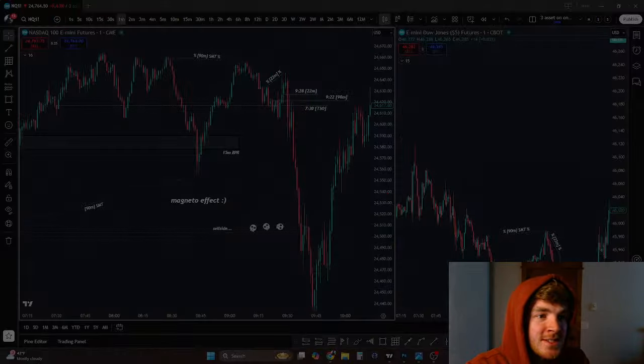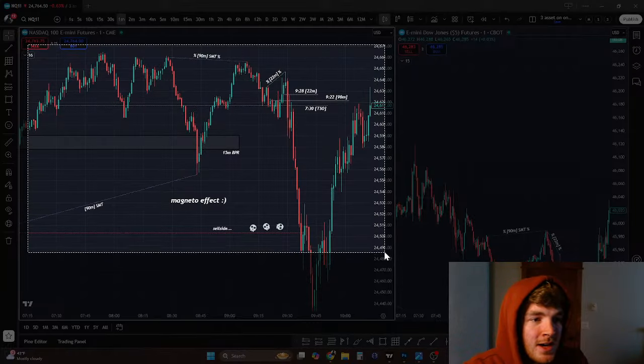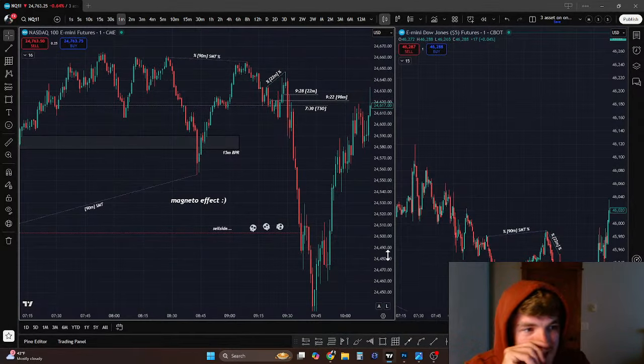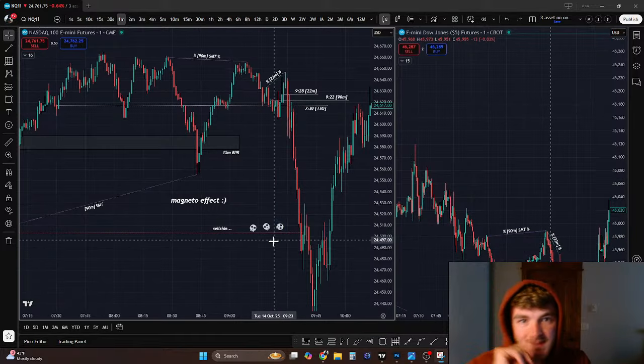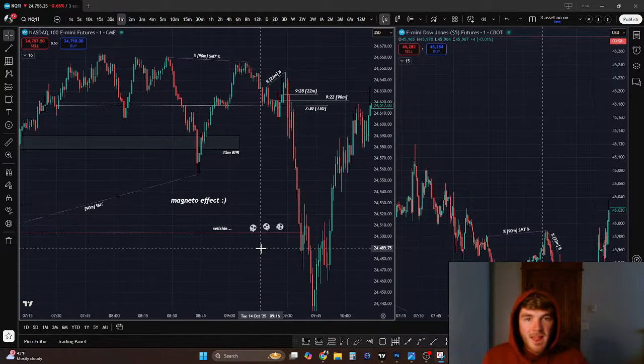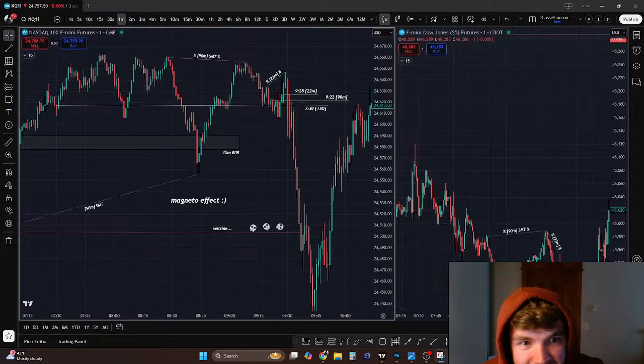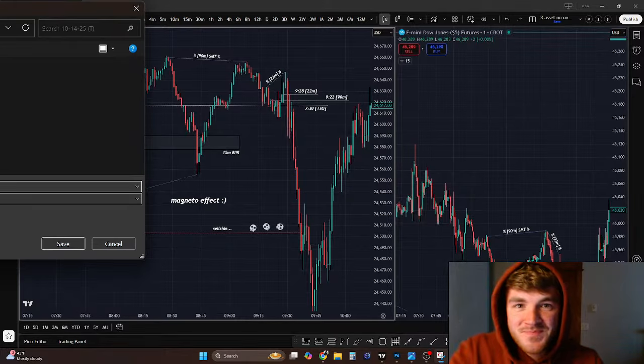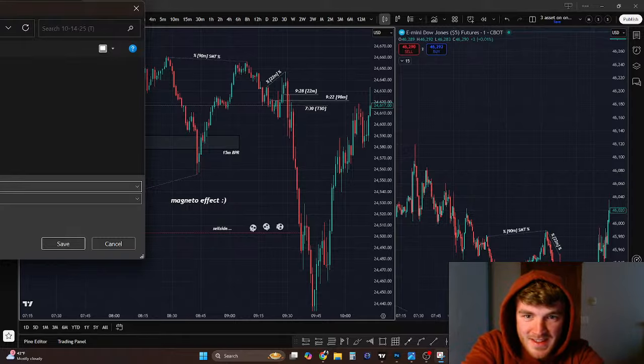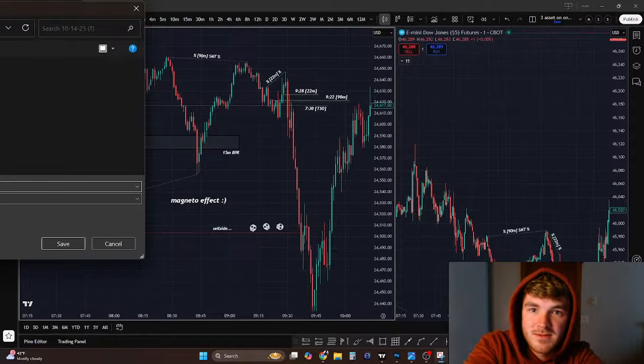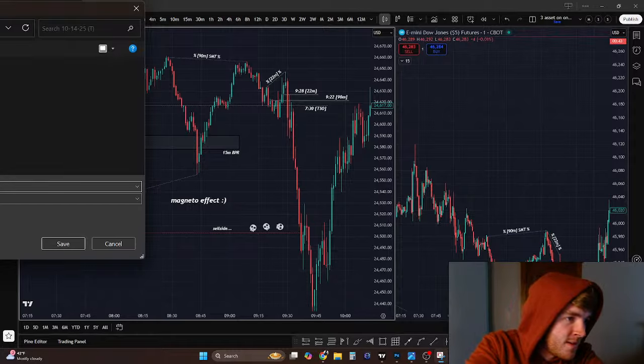So this is essentially what happened and why I became liquidity here is because of Magneto effect. Magneto effect at its finest. Alright.